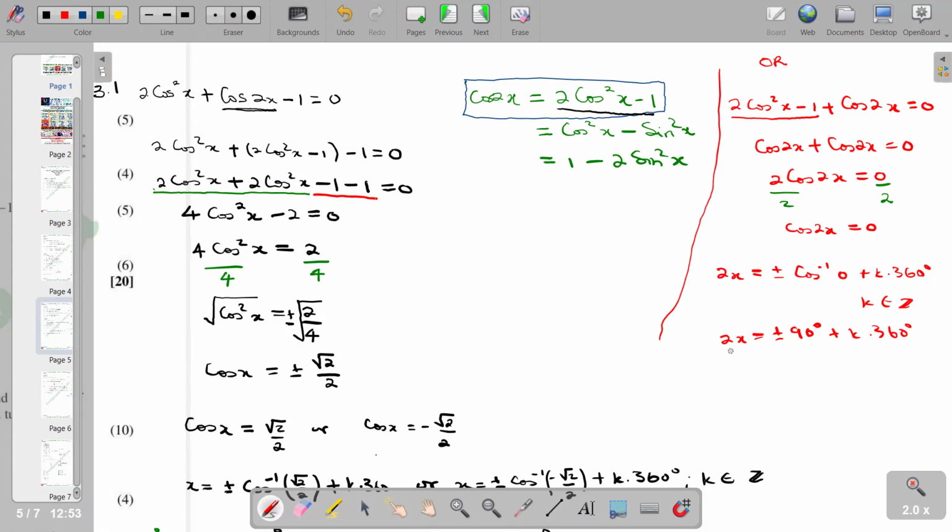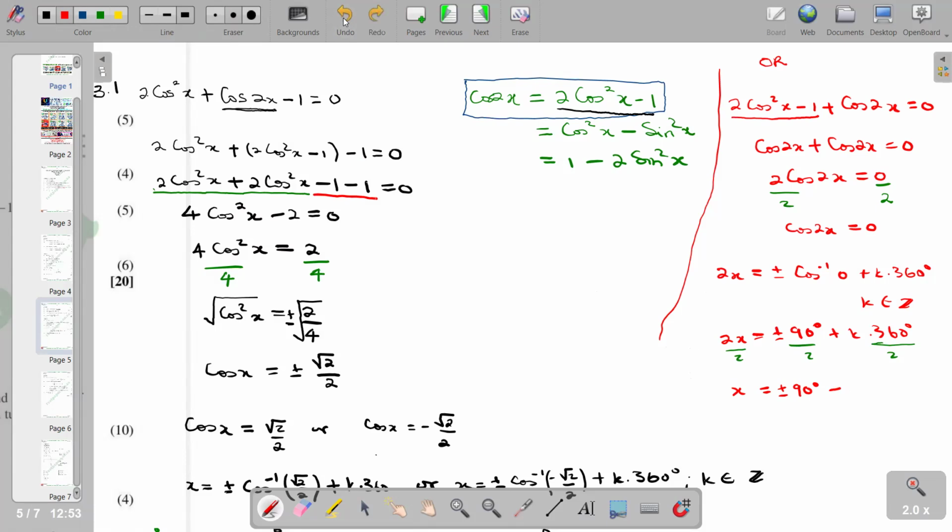It means we are going to divide throughout by 2. If we divide by 2, our solution is now going to be given as x is equal to plus or minus 90 degrees plus, it's no longer 90.